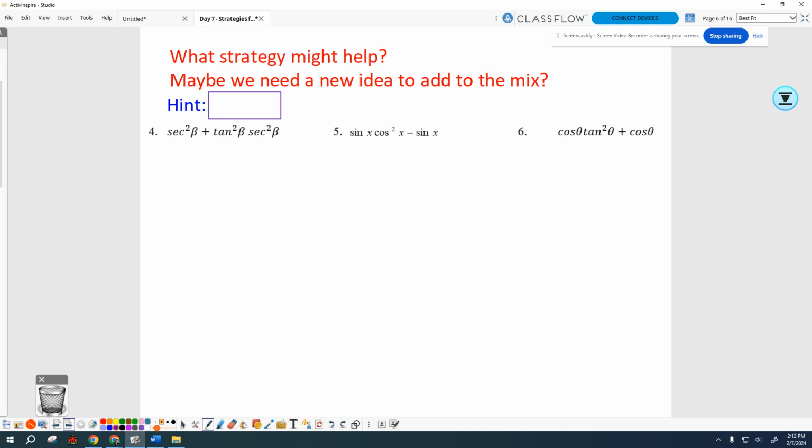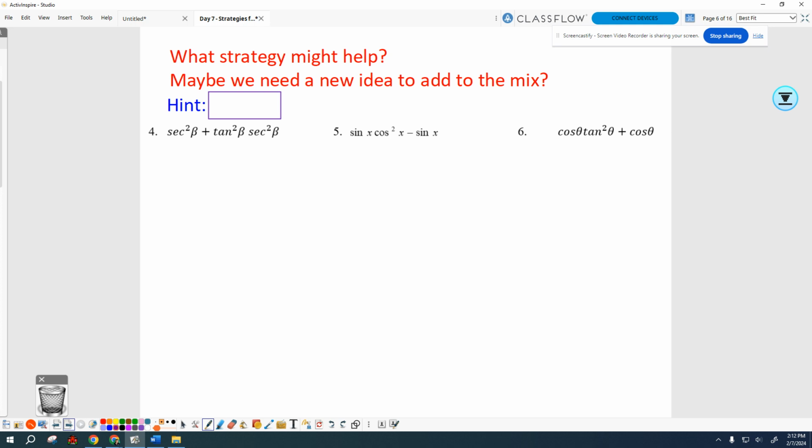The next three caused a little more issue, and these are the ones we're doing, so you should be following along. All right, these look different than the other things. Any suggestion? It's not one of the strategies already. Secant squared is 1 plus tangent squared.